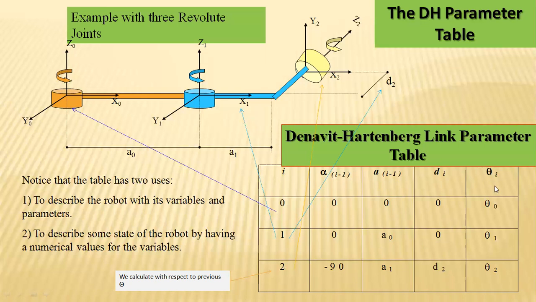And theta is the rotation at that joint, rotary or revolute. We'll have a detailed look here.